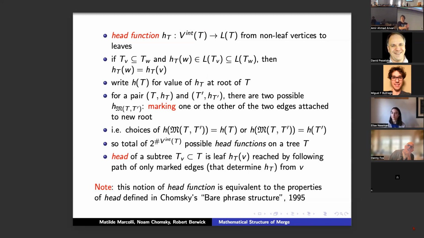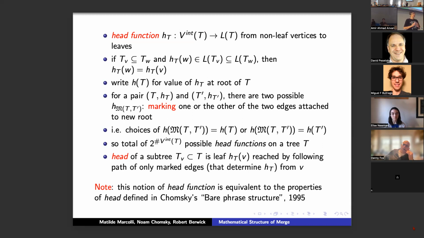So there's this consistency: if my head passes through another tree, then it has to be the head of the other tree. All right. And so an equivalent description of this property that I'm stating as a definition, this is my definition of what a head function is.